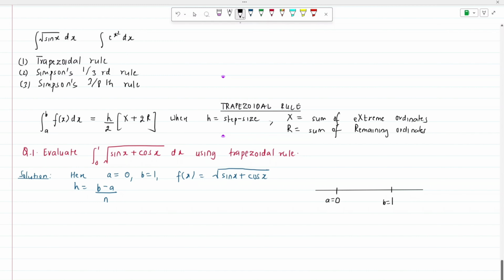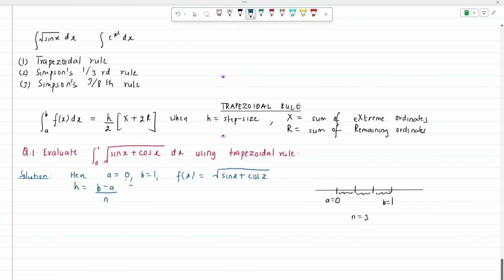Now if I were to break it into three subintervals, this 1, 2 and 3, then in this case the value of n is equal to 3. The higher the value of n you take, the better is the answer which you are going to get using the trapezoidal rule.